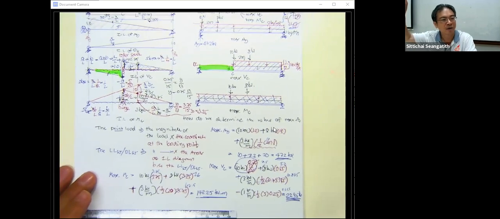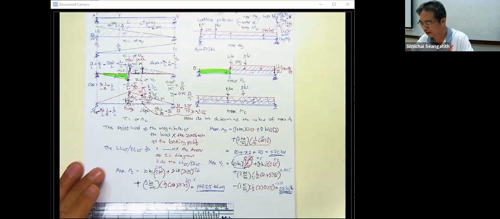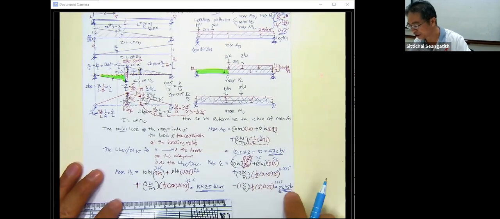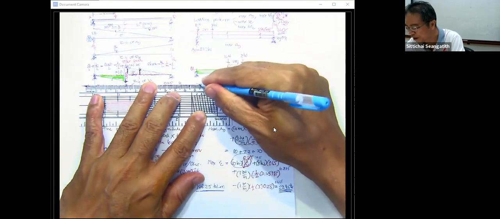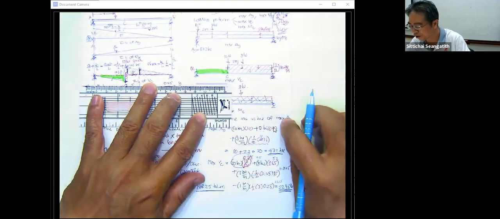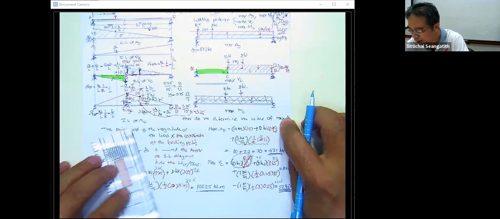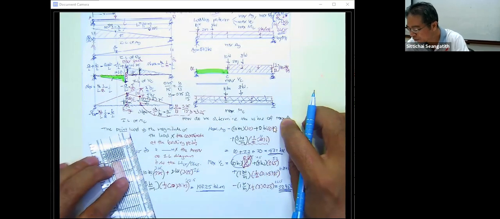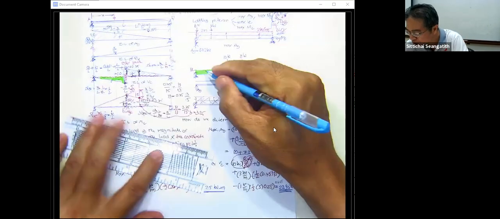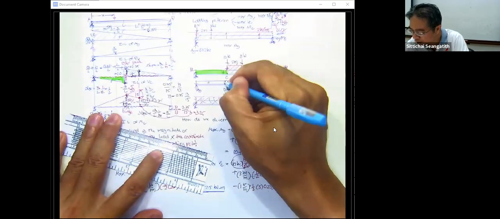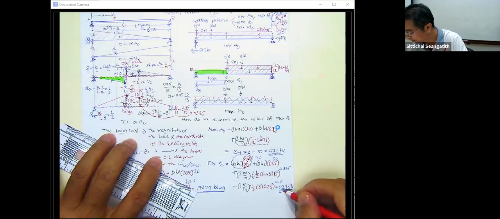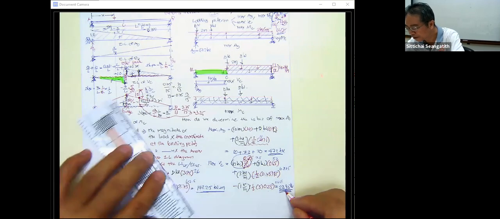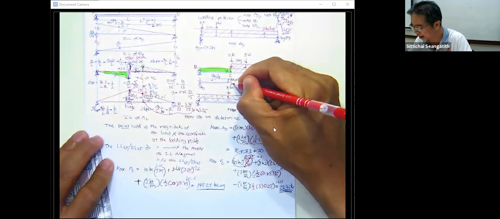And I like to mention something after you get the shear here. What we have is going to be the free body diagram, okay, of this one. That is going to be A sub y, and this one is going to be subjected to the 1 kilonewton per meter. And what we have here is 22.95. So that is going to be the shear here, and it is positive.